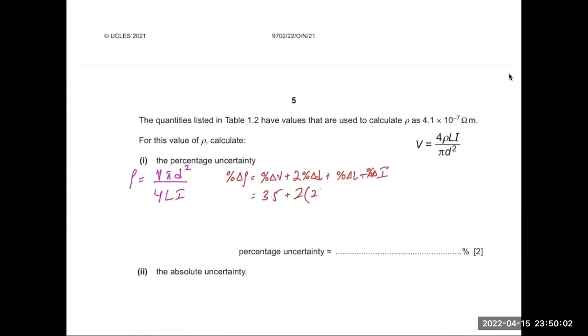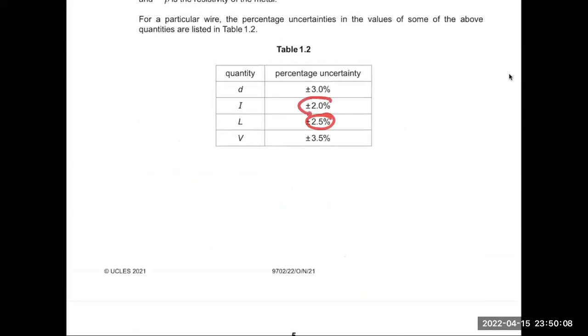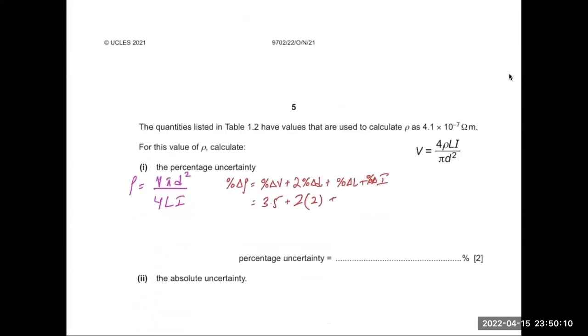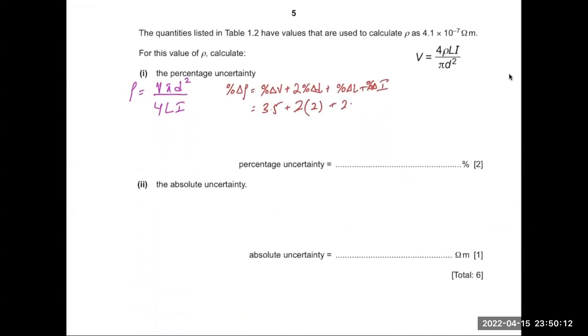So 2 times 3 plus the percentage error in L and the percentage error in I, which is 2.5 and 2 respectively. So plus 2.5 plus 2. You add these up and you get 14%. This is the total percentage uncertainty.